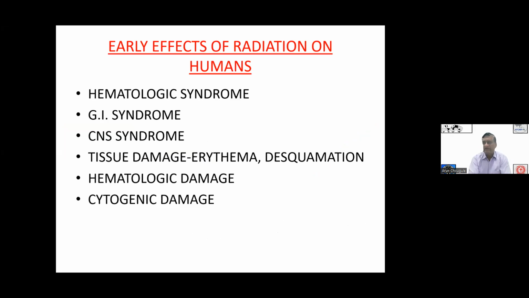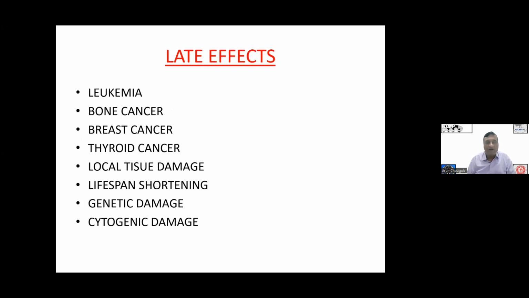Now, when radiation interacts with human cell tissue, there are early effects and late effects. Early effects are hematological syndrome, GI tract effects, nausea, vomiting, diarrhea, CNS syndrome, tissue damage, erythema, desquamation. These are the early effects, and they recover after the radiation assault is over, maybe 1 week or 2 weeks after. Late effects are hematological damage, cytogenetic damage, the induction of leukemia, bone cancer, breast cancer, thyroid cancer, local tissue damage, fibrosis, proctitis.